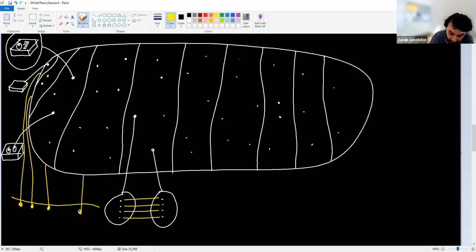And this new set we form can be seen as the set of natural numbers.